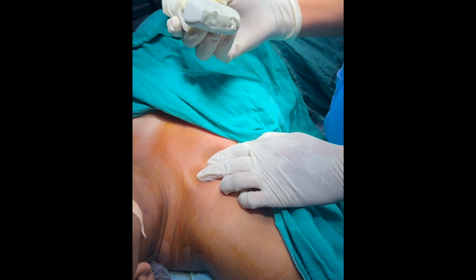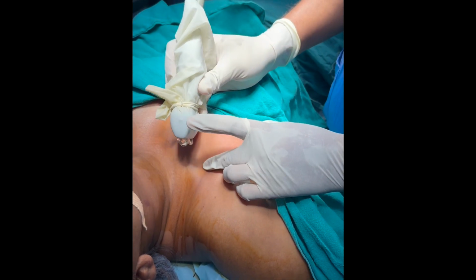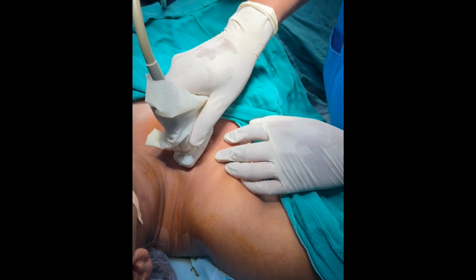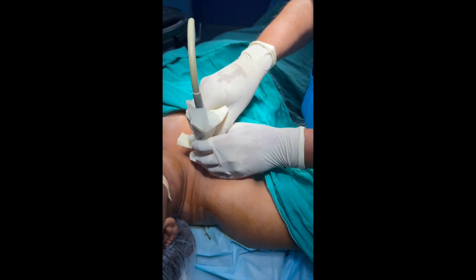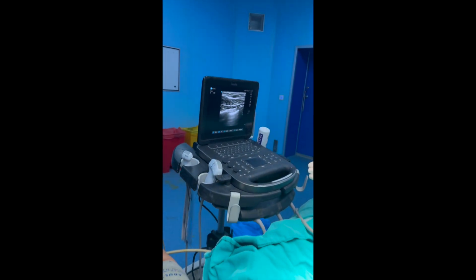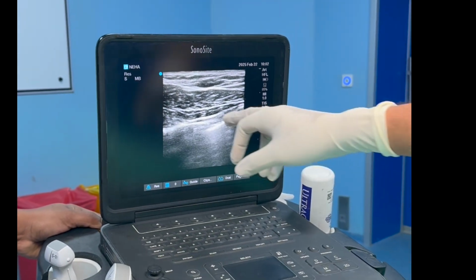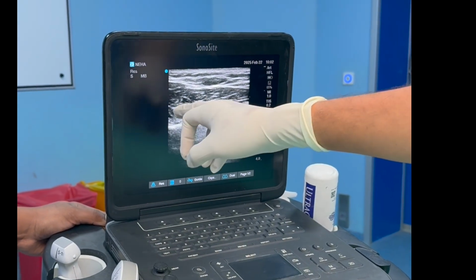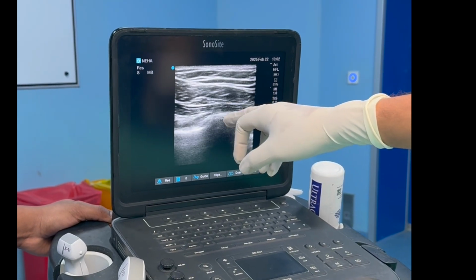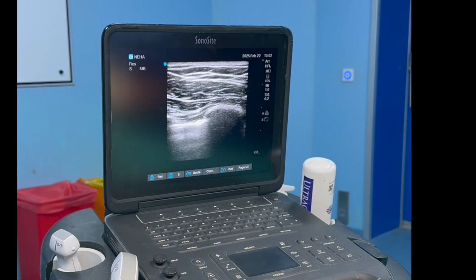First place the high frequency linear probe, keeping the orientation marker cranially, just below the clavicle, and you will see a thick muscle, the pectoralis major, and a thin muscle, the pectoralis minor.